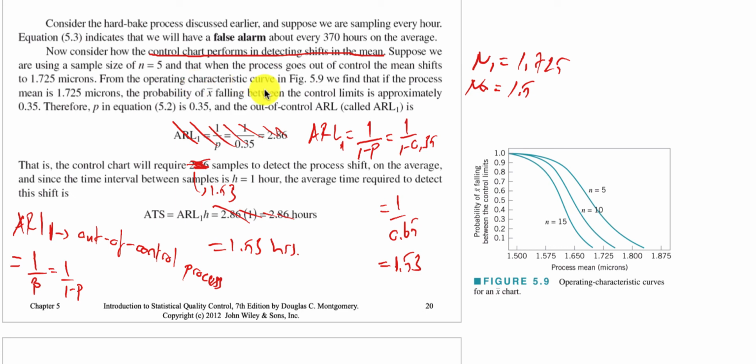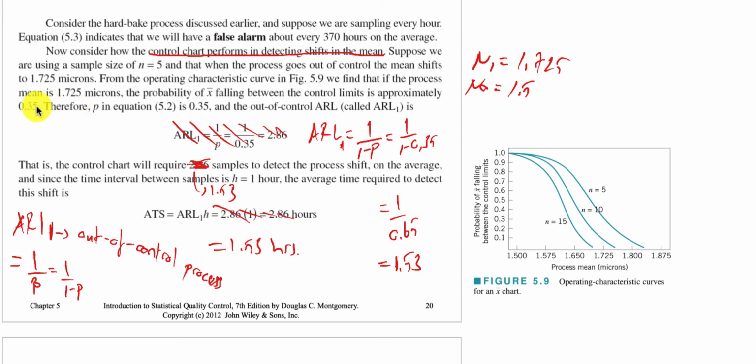From the operating characteristics curve here, we find that if the process mean is 1.725 microns, if the mean is shifted to these values, the probability of average x, the quality characteristic we have, falling within the control limit is approximately 0.35. Why? It is low, right?